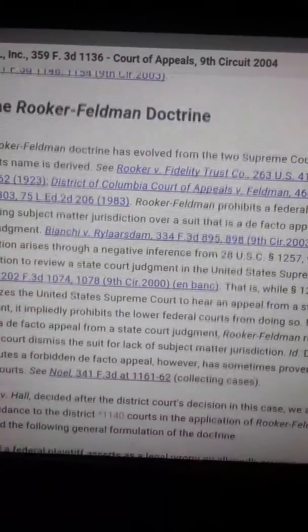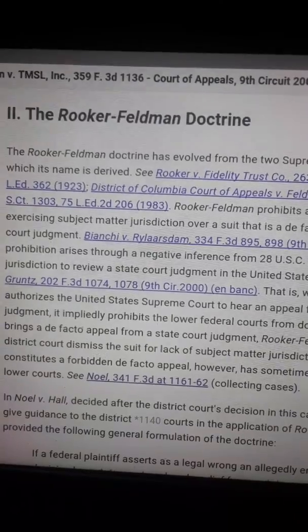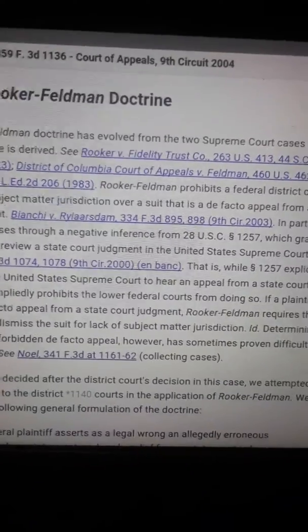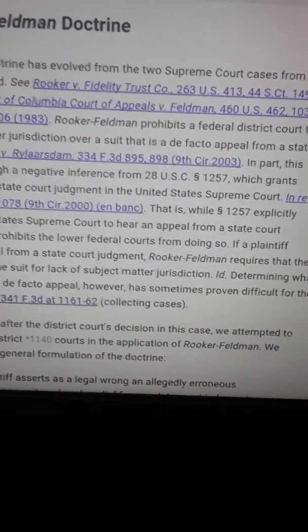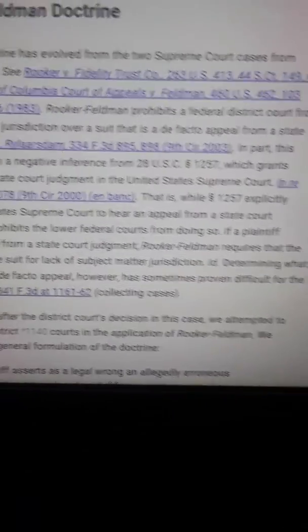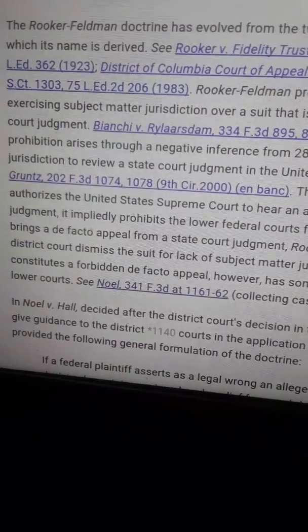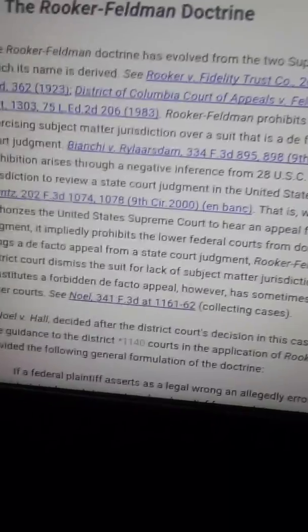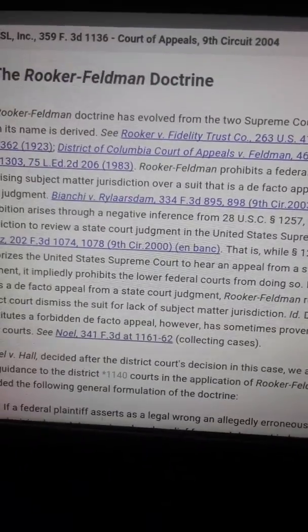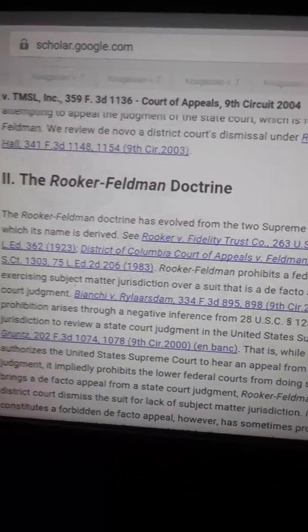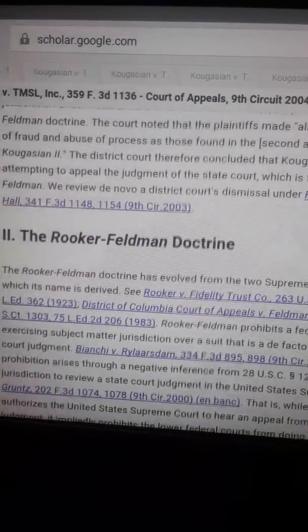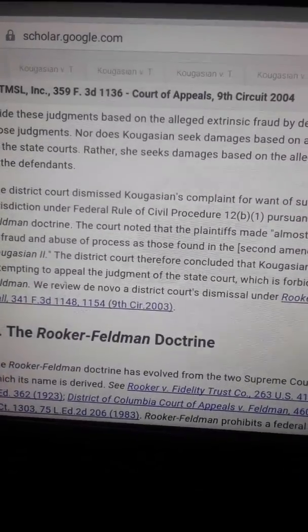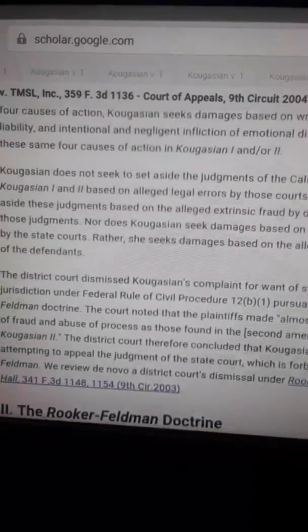The Rooker-Feldman Doctrine, see? Ninth Circuit. Ooh, the lawyers are not going to like the fact that pro per litigants get a hold of this, because this is the main thing they use to try to keep the federal court from looking at your case.